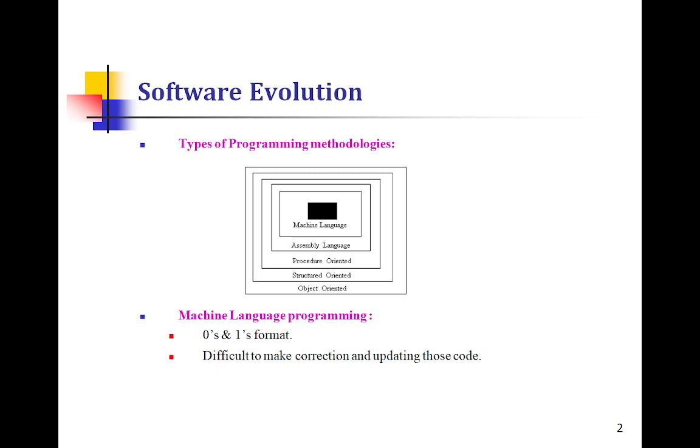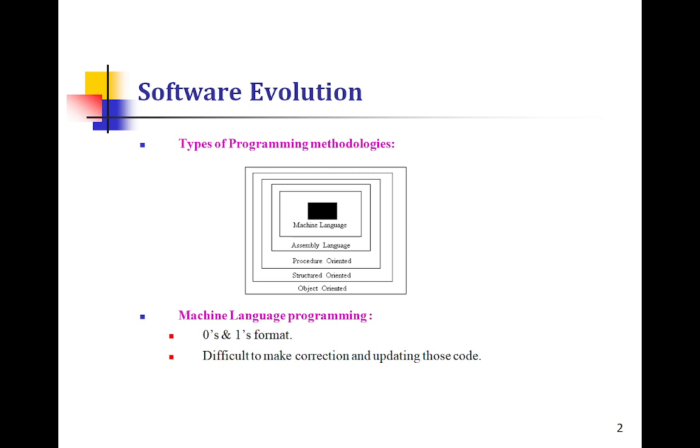For example, if I want to store two numbers in our system, usually the data will be stored in the registers only. The values we have assigned will be stored in the registers. From the registers only, we can perform any kind of arithmetic or logical operations.